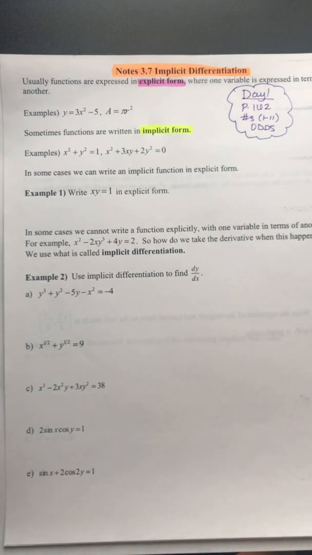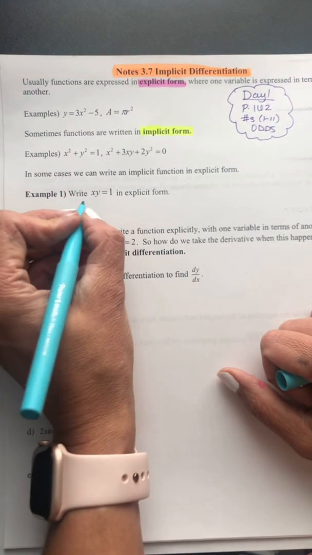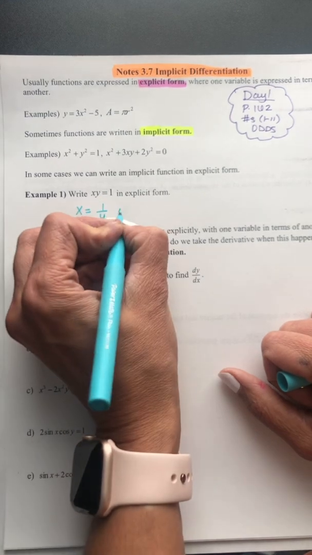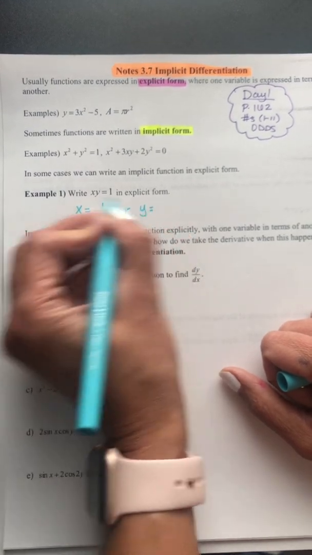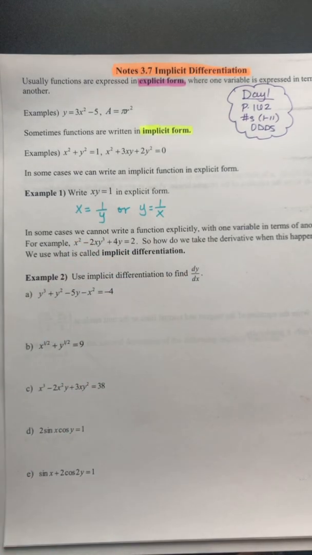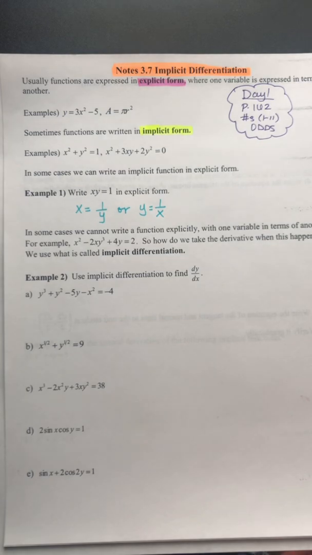In some cases, we can write an implicit function in explicit form, like this one down here, xy equals 1. We could solve for x and get 1 over y, or solve for y, divide both sides by x, and get 1 over x. So here it works, but if I were to try that up here, it wouldn't be as easy.